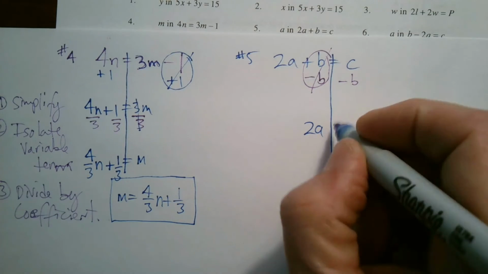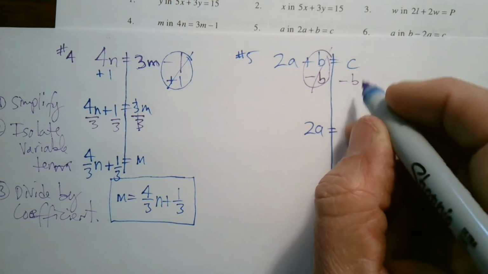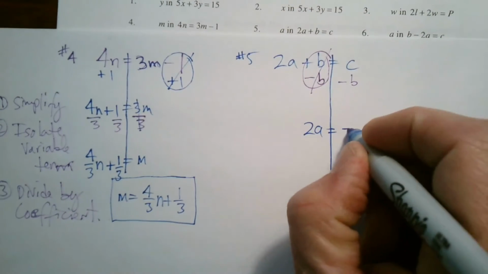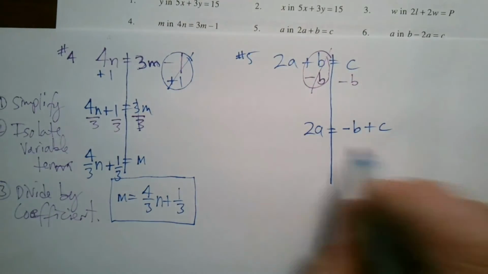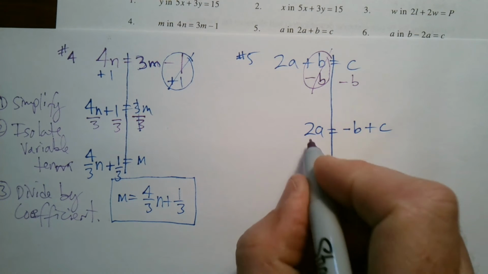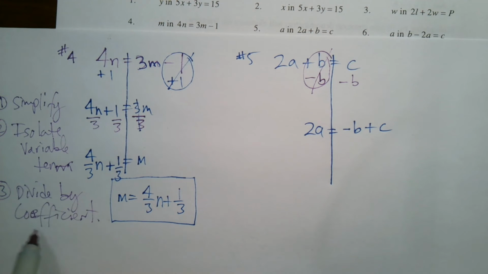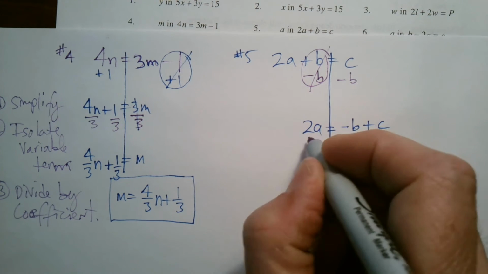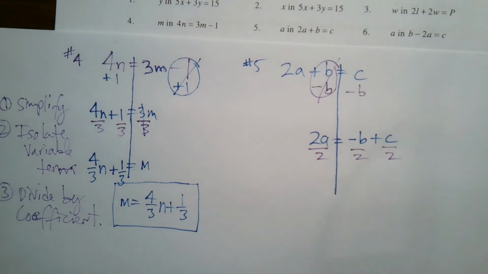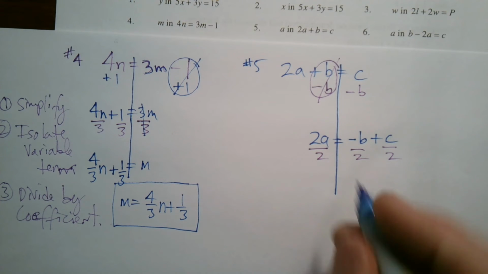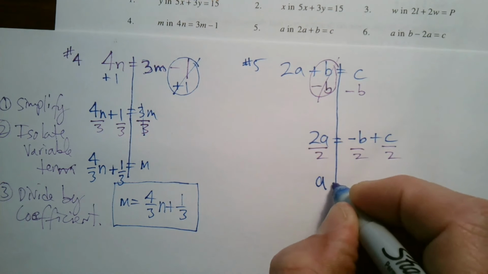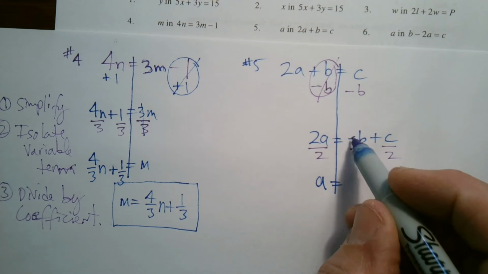So I have 2a equals negative b plus c. I can't combine them, so I write it alphabetically, negative b plus c. Then I divide by the coefficient, 2, and I divide each term individually by 2. So a equals negative b over 2.